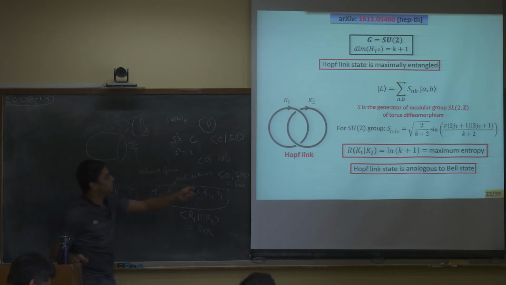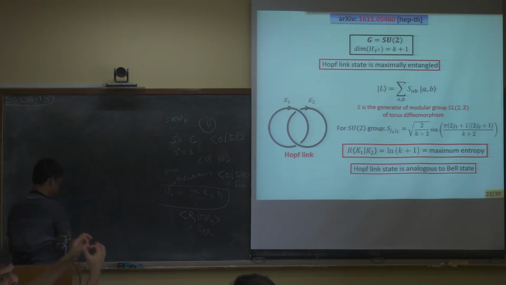This state can be written as a separable state because the link invariant will be the product of the two knot invariants. So this state can be separated.